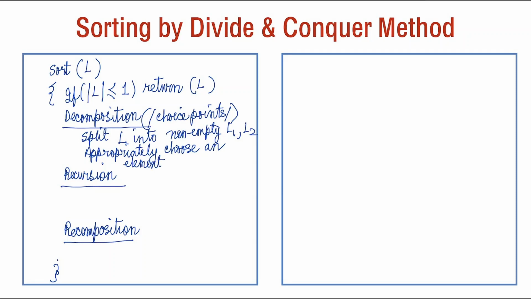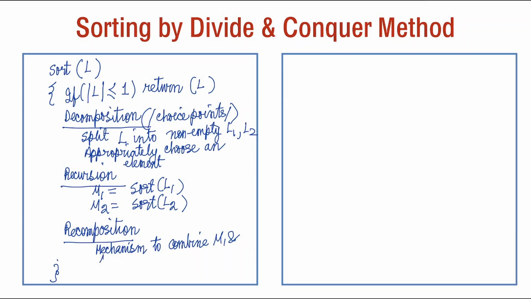Then the step that we take is we have M1, which is the result of sort of L1. We have M2, which is the result of sort of L2. And the recomposition step is a mechanism to combine M1 and M2 to get M, and we return M, where M is the final sorted list.